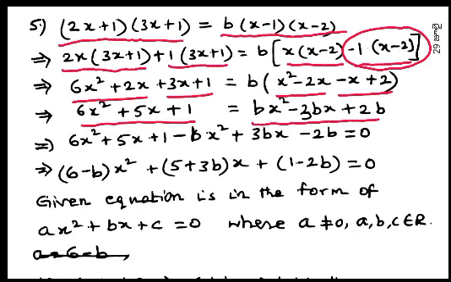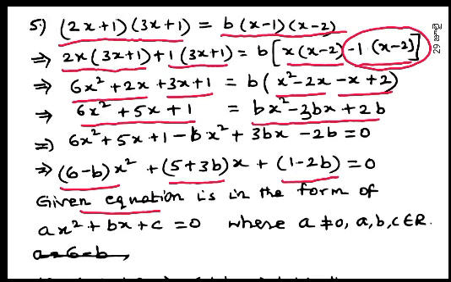Now, writing all the terms on the left hand side, we get the quadratic equation. We get the equation (6 - b)x² + (5 + 3b)x + (1 - 2b) = 0.